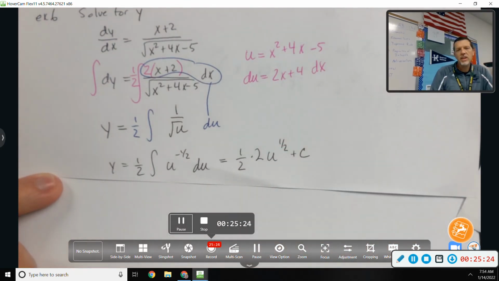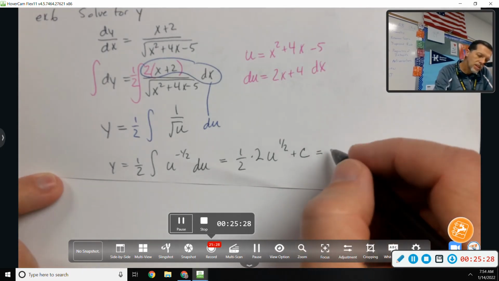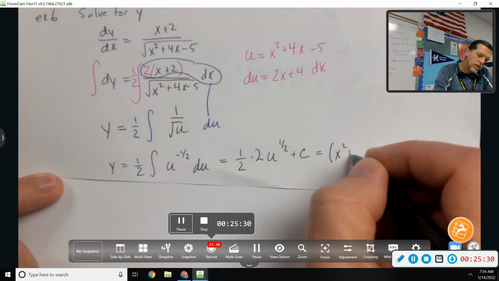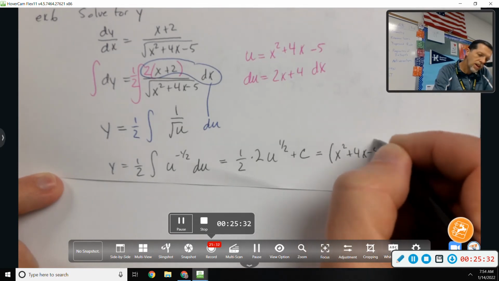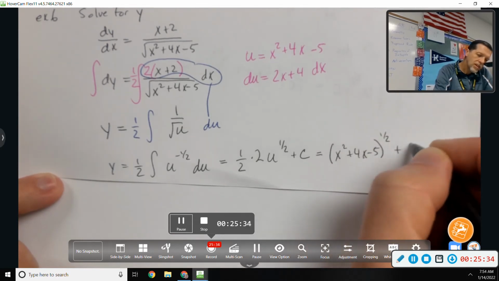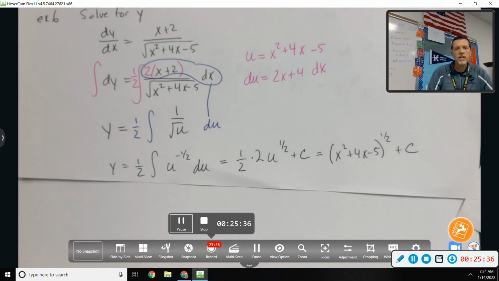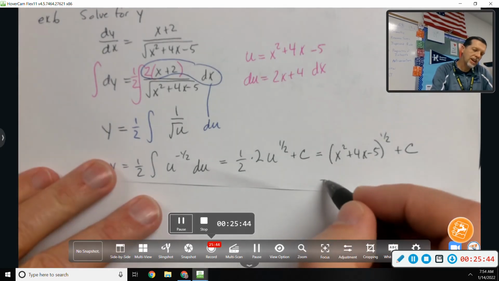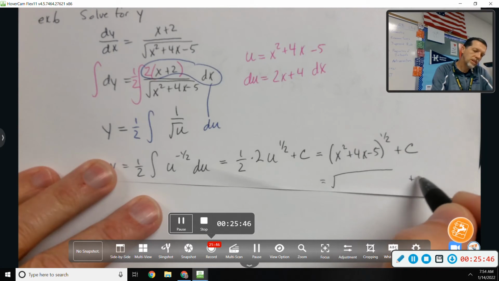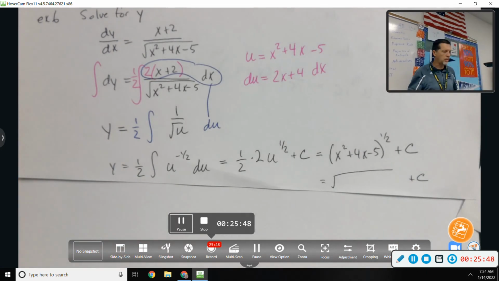That's kind of convenient. The 2 and the 1/2 cancel. So x squared plus 4x minus 5 to the 1/2 plus c. Calc Chat's probably going to write that as a square root, but same thing.